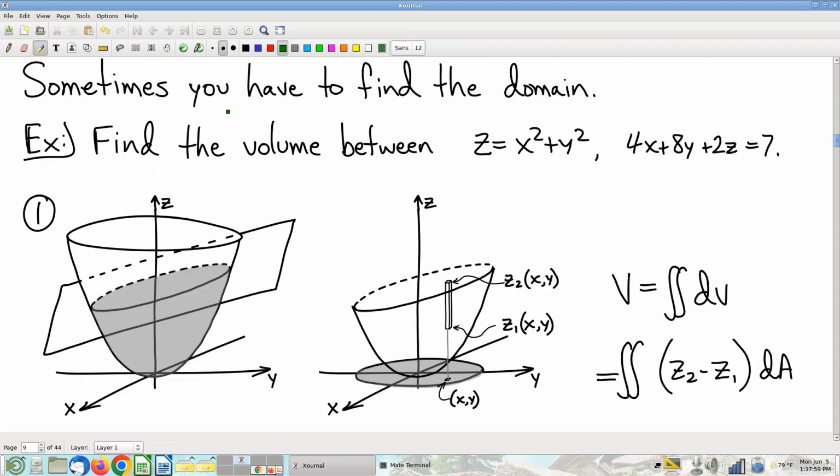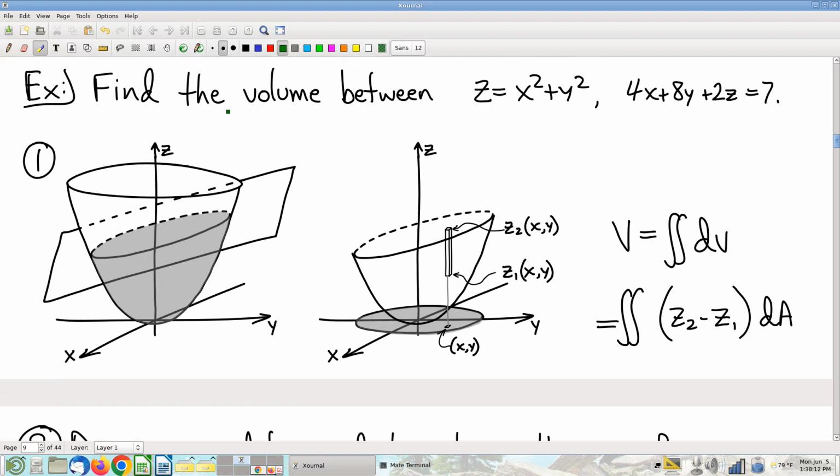Okay. Let's see how far we get. Sometimes you have to do a little work to find what your domain is. This is just an example. No really new idea here. Real quick, I've been asked to compute the volume between these two surfaces. If you want to compute this volume, you're adding up a bunch of little French fries again, and your French fries look like this.